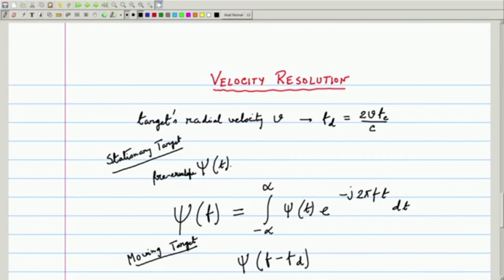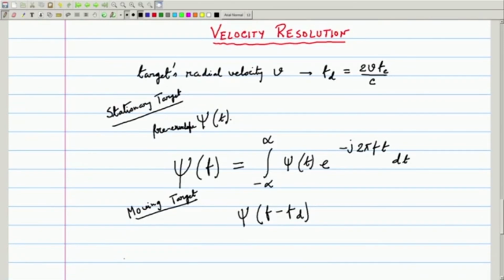Now, let us consider as before that I have two targets with radial velocities v1 and v2. I am not writing Vr, but obviously it is radial velocity.